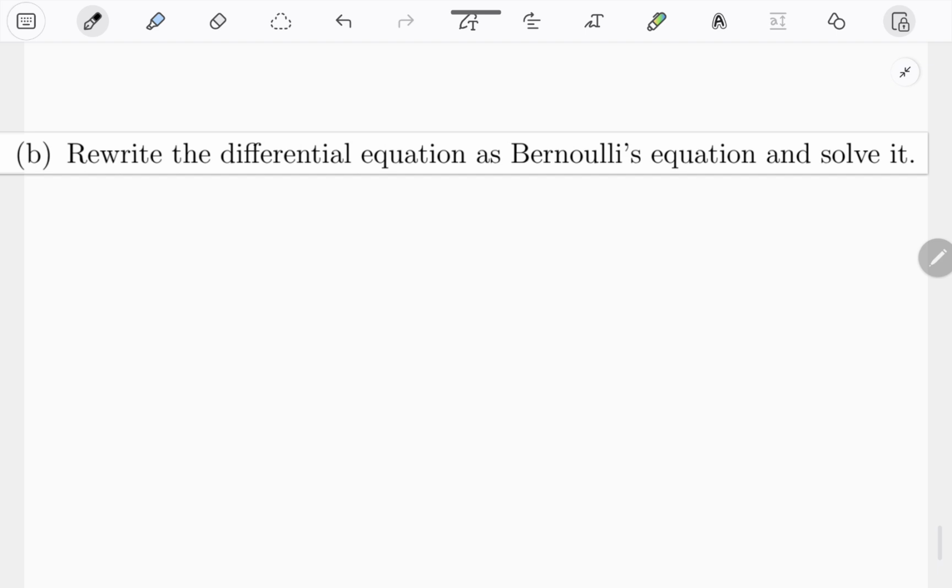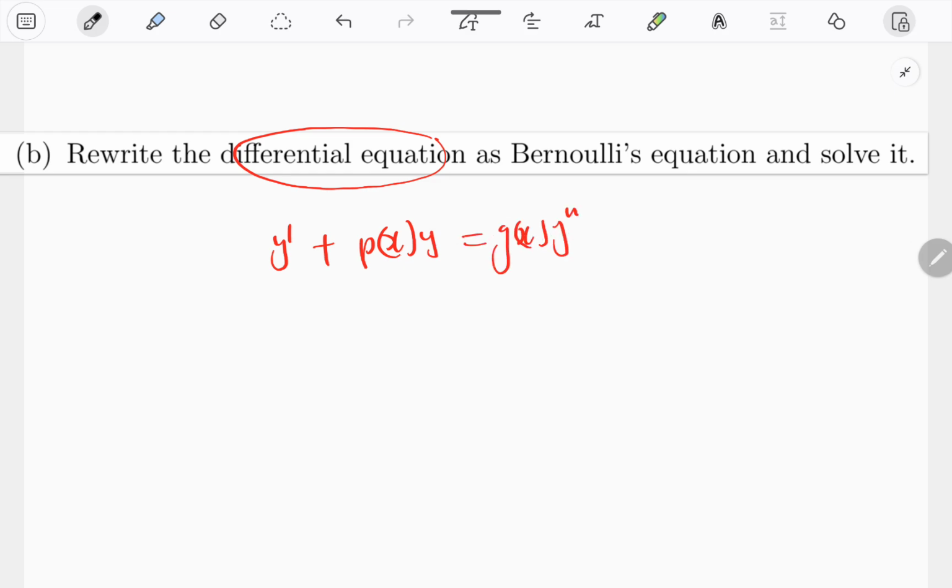The second part of the problem will be rewriting the DE as Bernoulli. Bernoullis look like linear. So Bernoulli is your y prime plus some p of x times y is equal to some g of x times y to the n.